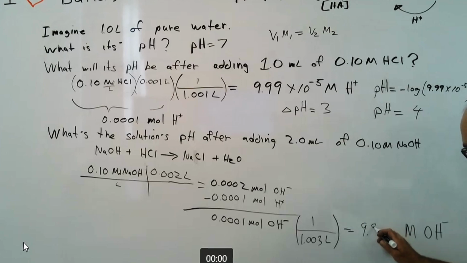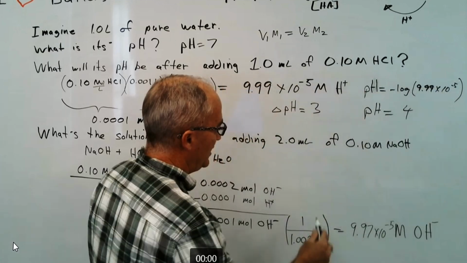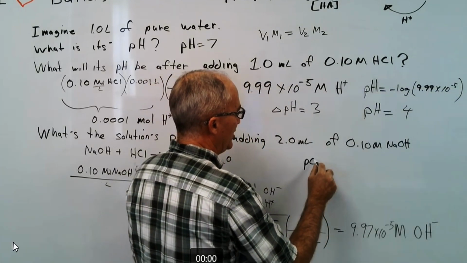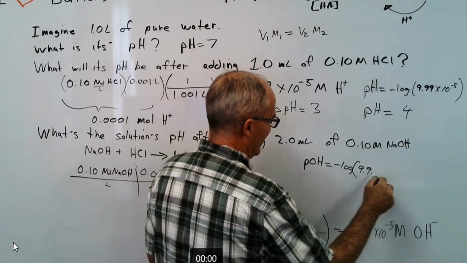I'm going to get 0.997 times 10 to the -5th molar. Looks kind of very similar to this thing here, but we're quite a bit of ways away from 10 to the -6, so we don't have to worry about Kw. So now I can pull out my calculator and do something like this. pOH equals negative log of this number.